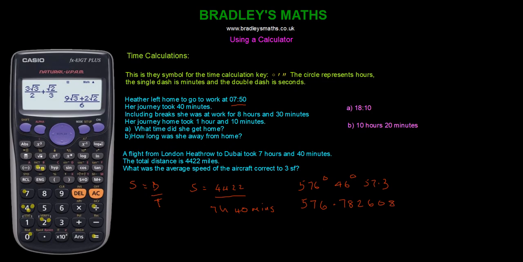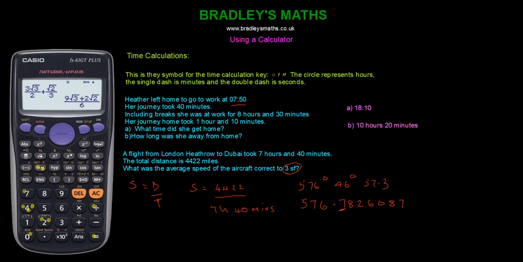And there it is. And then we say, the question says it has to be correct to 3 significant figures. So the third significant figure is 6. We look at the fourth significant figure, which is this one.